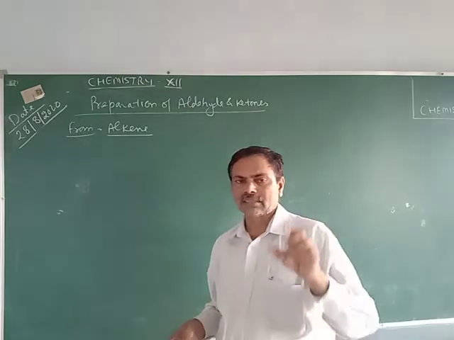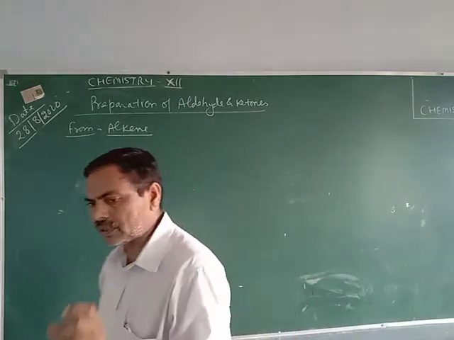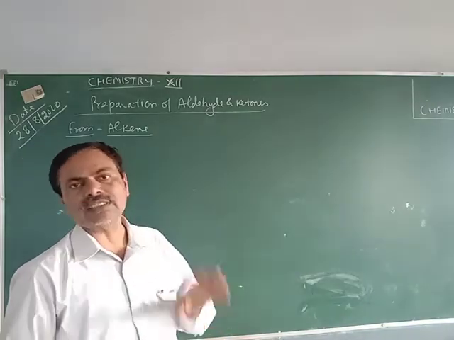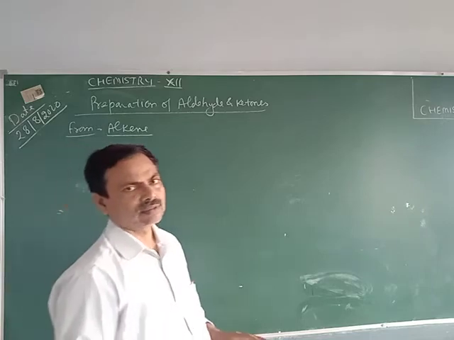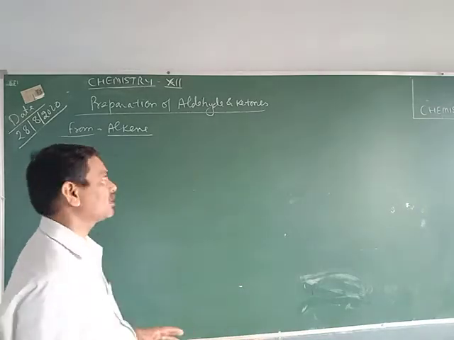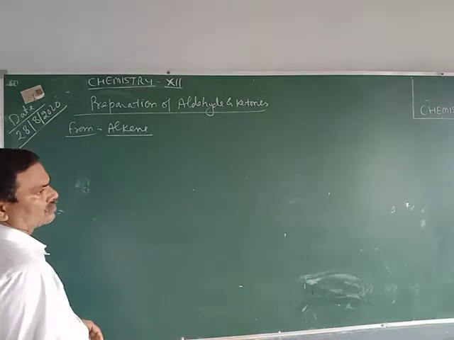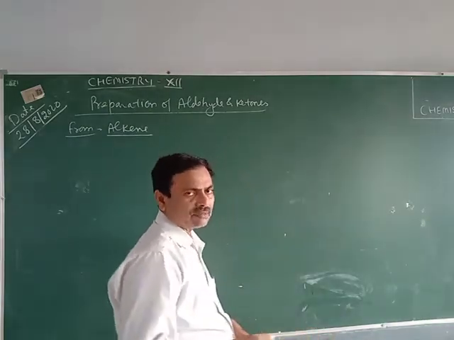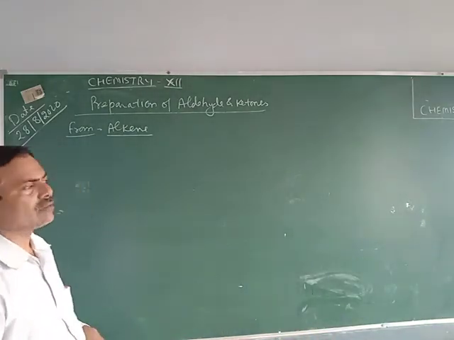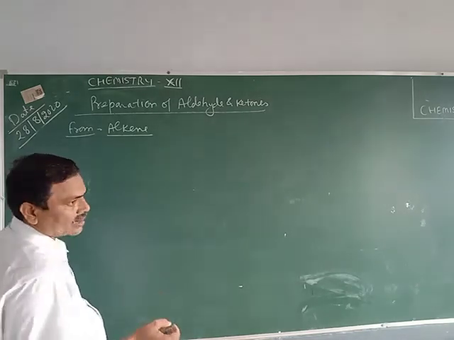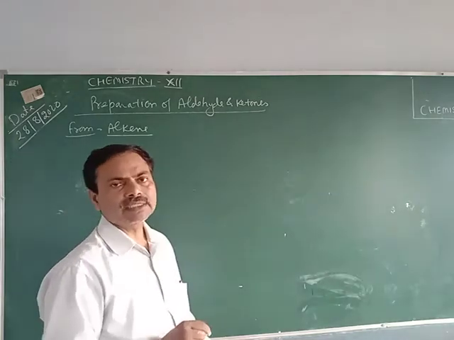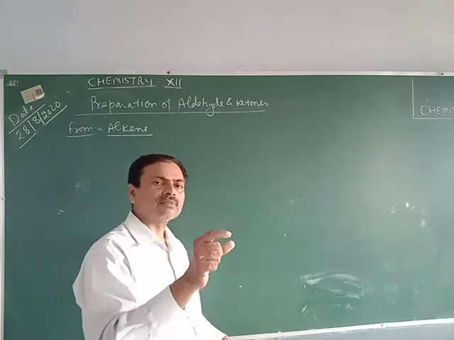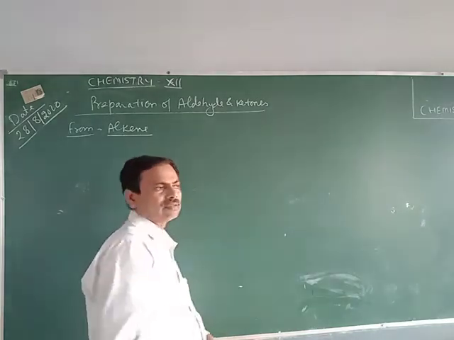I mean to say the alkenes can be converted into aldehydes by the ozonolysis, having no side chain at the carbon atom having double bond. While the ketones also can be prepared when there is side chain at that carbon atom which has double bond.